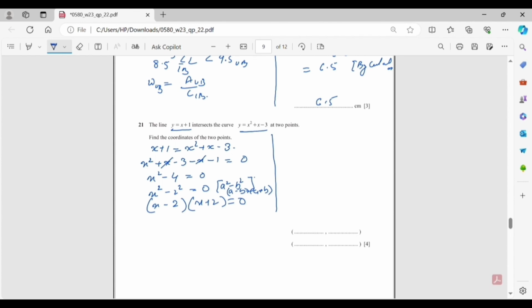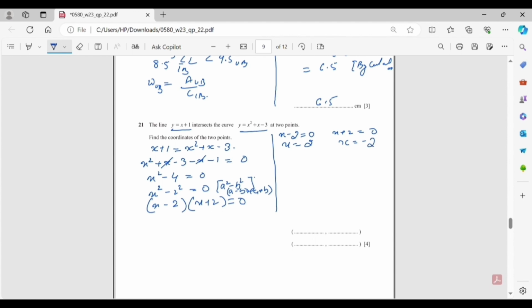So x minus 2 is equal to 0, and x plus 2 is equal to 0. Right? Now x minus 2 is equal to 0, x plus 2 will be equal to 0. X will be equal to 2, or x will be equal to minus 2.